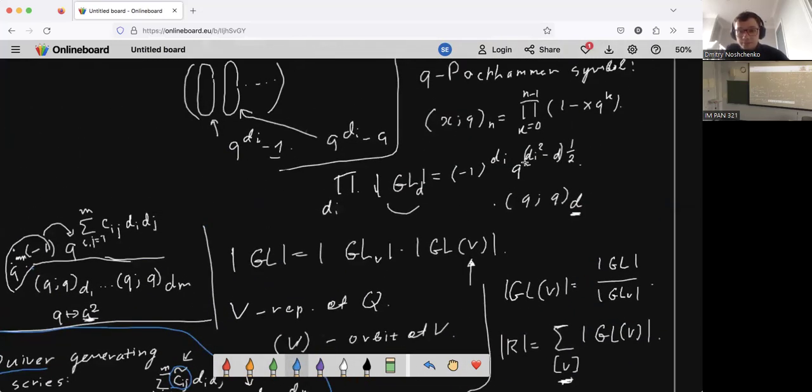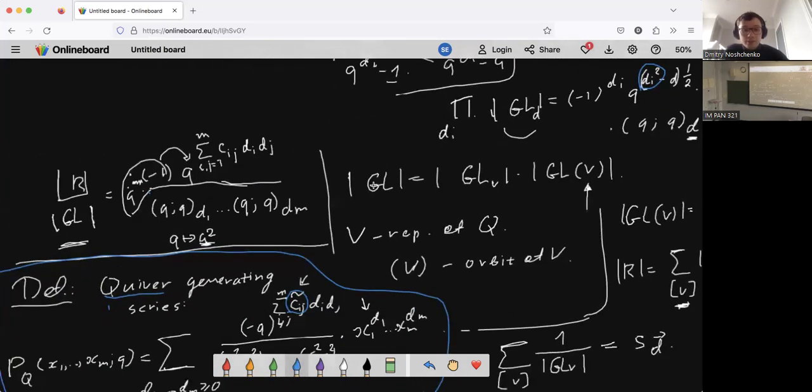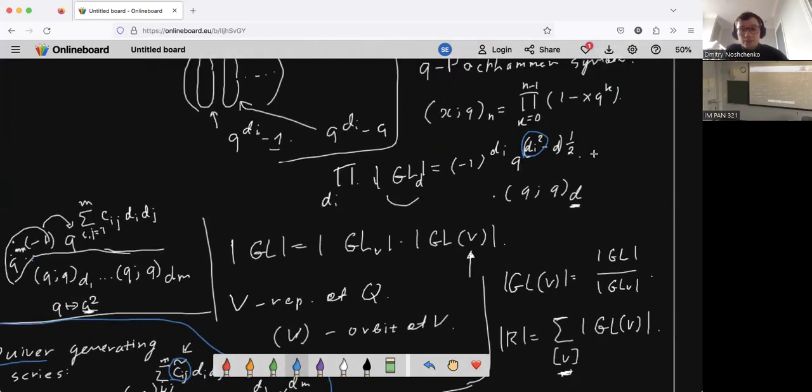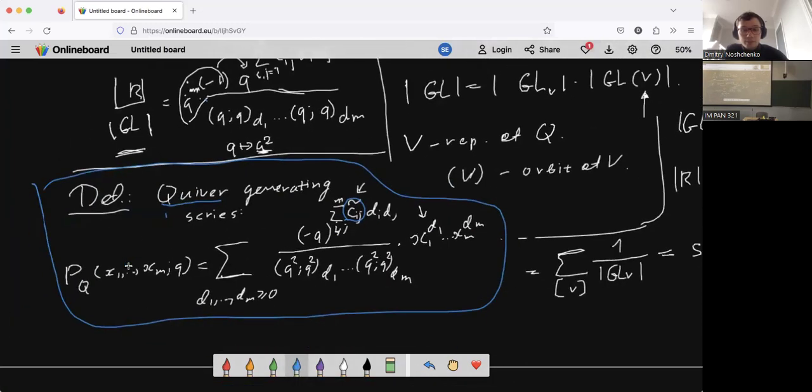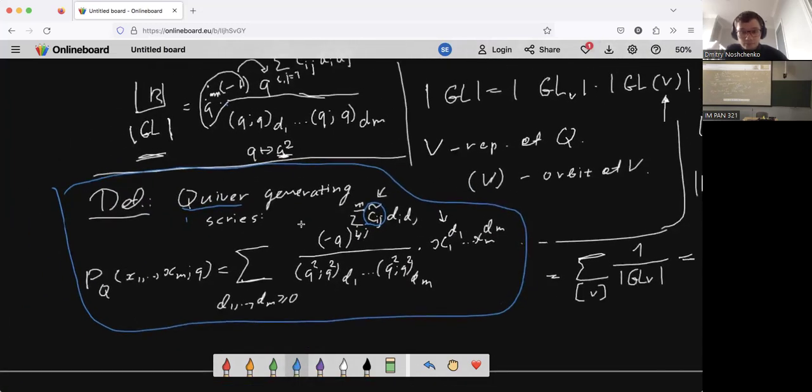So the main difference between this expression and this expression is that one uses the Euler form of the quiver in the exponent of q, and the second one just absorbs this additional q to the d_i squared into C_ij.